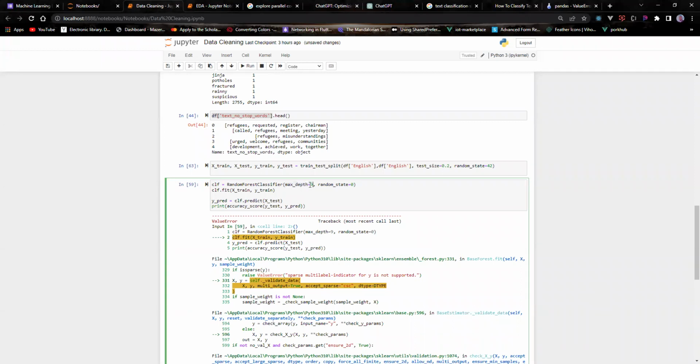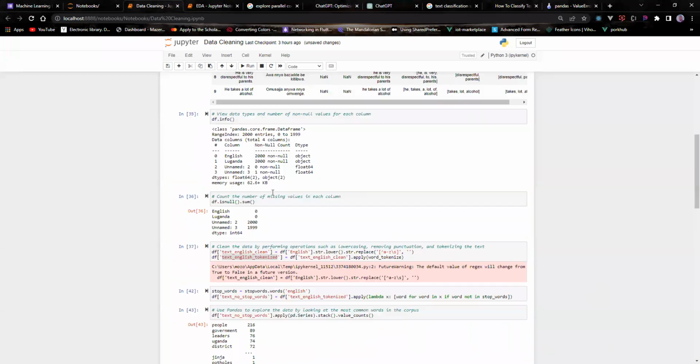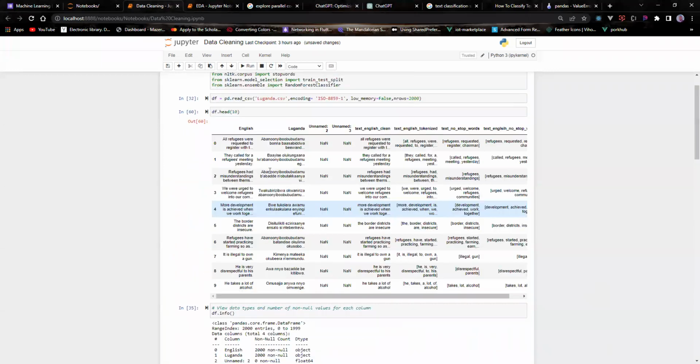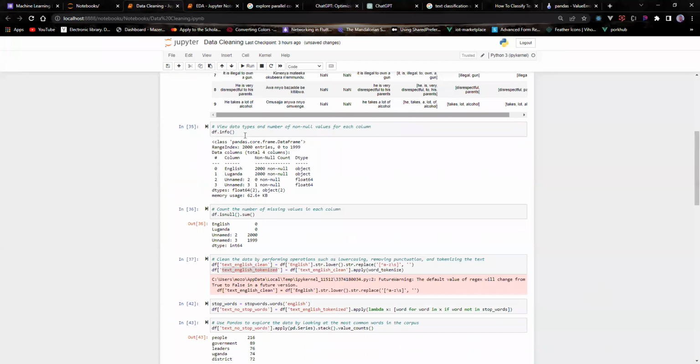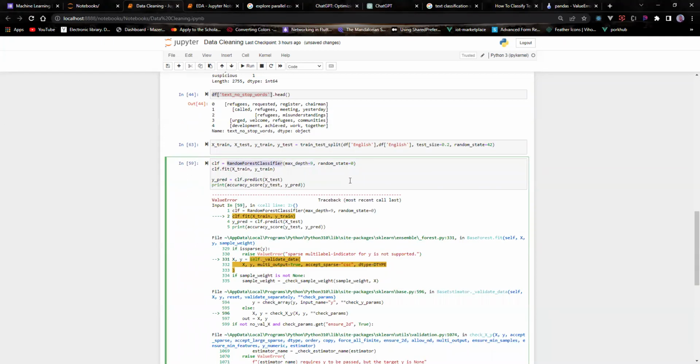I wanted to do some text classification. My computer can't support heavy algorithms like text classification with TensorFlow, so I wanted to use the random forest classifier from sklearn, but I'm having some errors.